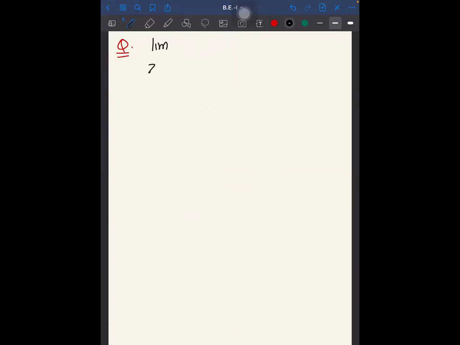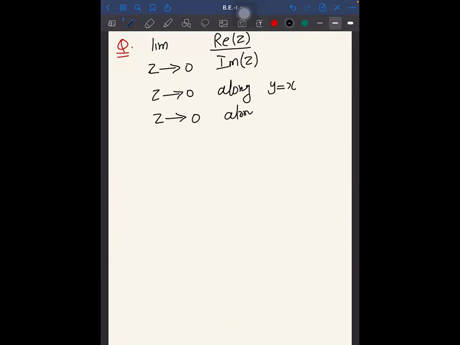Limit z goes to 0, real part of z upon imaginary part of z. This limit will not exist, right? First of all, you need to take 2 different paths. That is, z goes to 0 along y equal to x, and z goes to 0 along the imaginary axis, that means keeping x as 0 and considering only y.